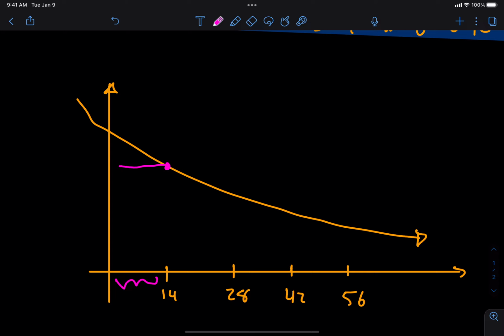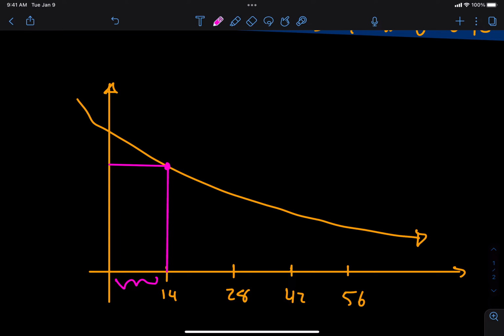And then we draw our rectangle like shown. It's an underestimate if the function is decreasing, because for a function to be decreasing is the same as saying the height of the function on the right side is less than the height of the function on the left side. That's what it means for a function to be decreasing.